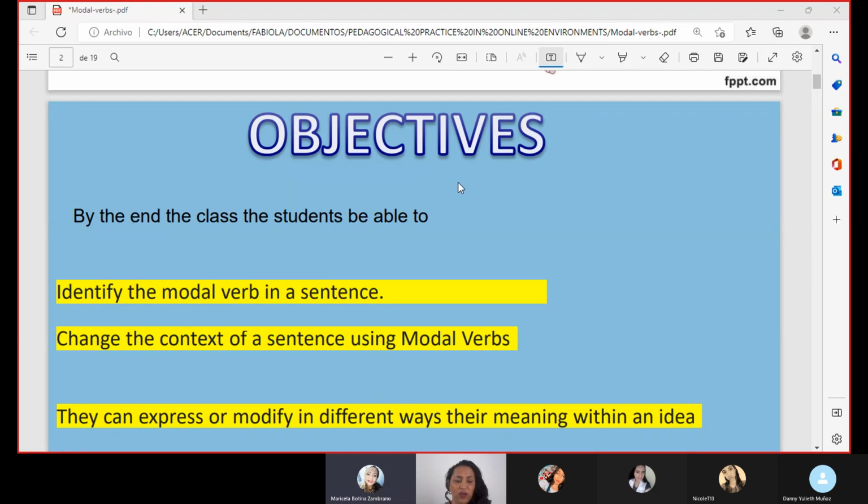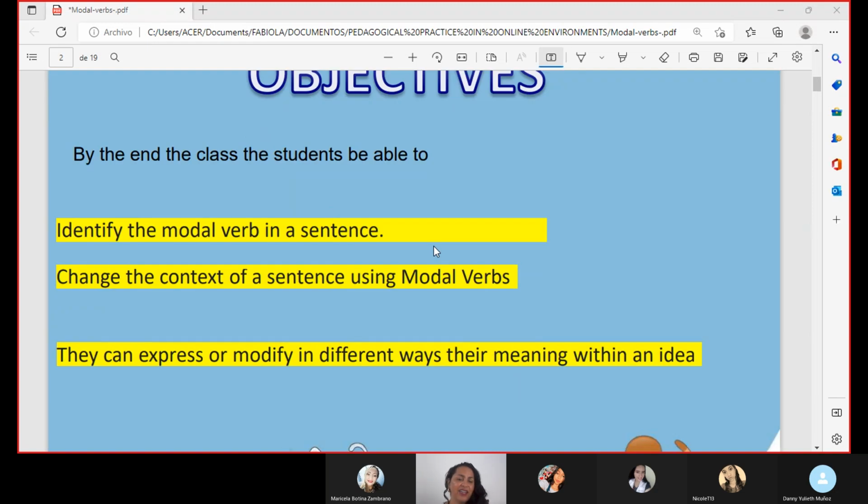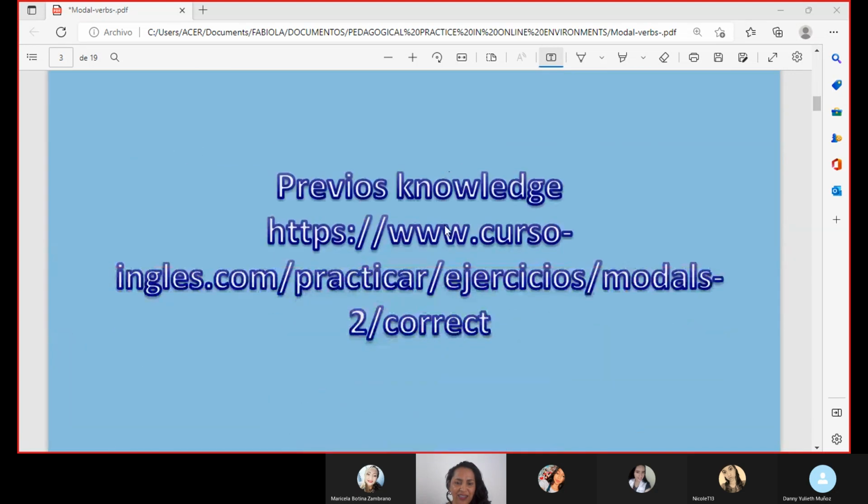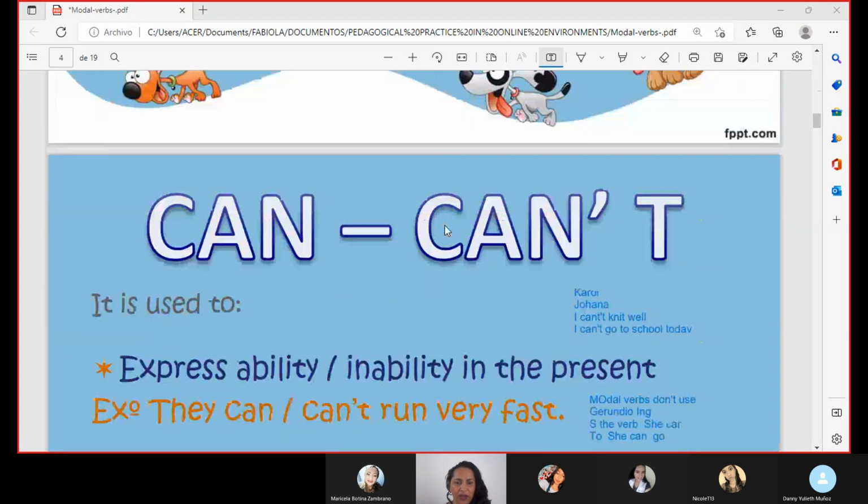Okay, girls. Yes, that is it. You need to recognize the modal verbs in a sentence, change the context, all depending on what you consider is the correct modal verb for the sentence, and at the end you can express the different ways using different modal verbs at the end of the sentence or the paragraph.